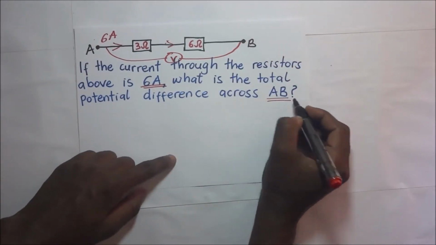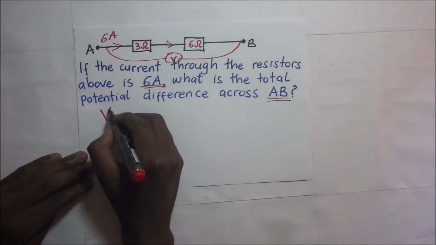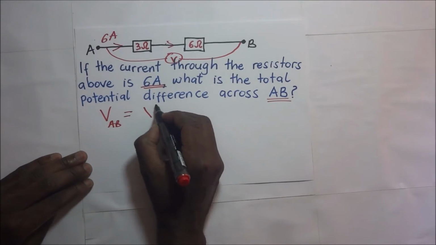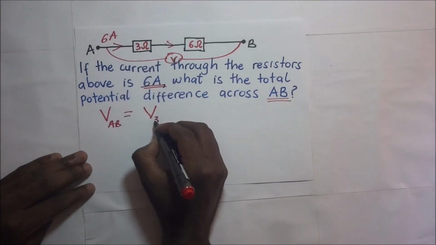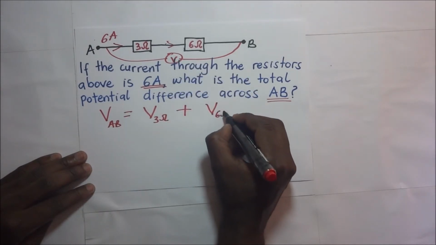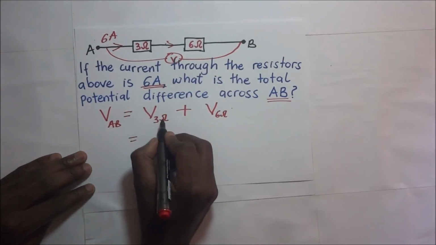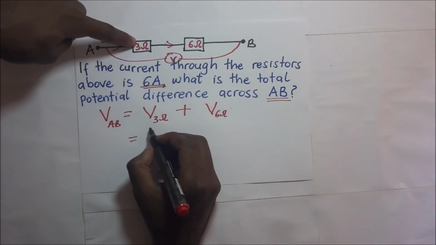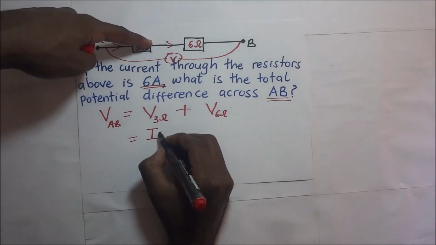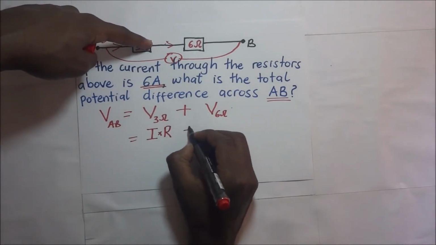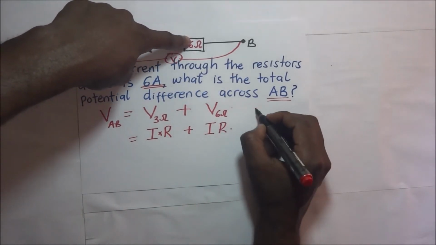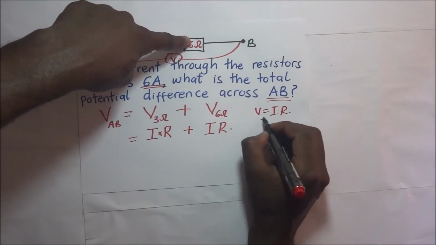So to get the potential difference V across AB will be equal to the potential difference V across the 3 ohm resistor plus the potential difference across the 6 ohm resistor. The potential difference across the 3 ohm resistor is going to be, of course, the current going through the 3 ohm resistor times the resistance plus the current going through the 6 ohm resistor times the resistance, because we all know that V is equal to IR from Ohm's law.